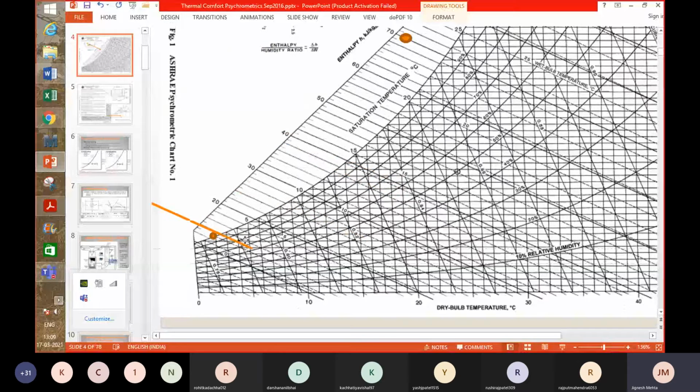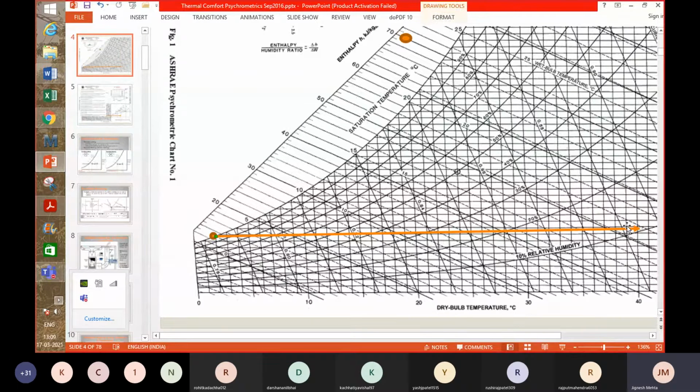So it will start from here and go horizontally up to 40 degrees Celsius, right? So this is the process. Okay, this line that I am drawing may not be perfectly horizontal.